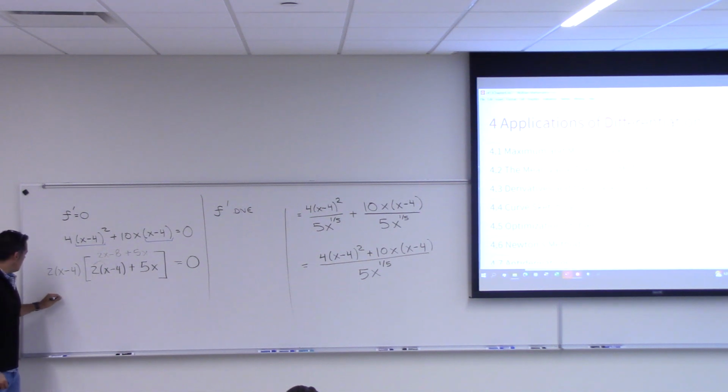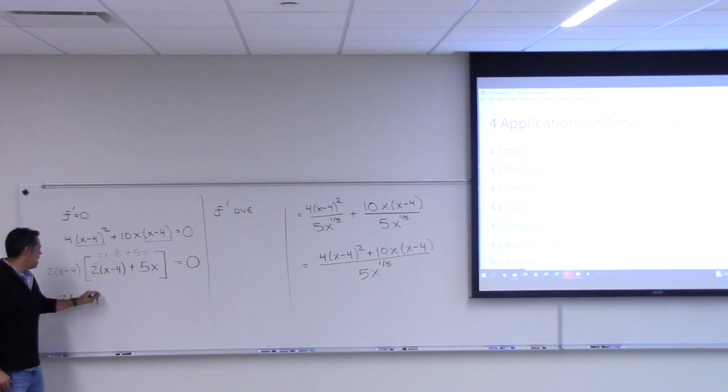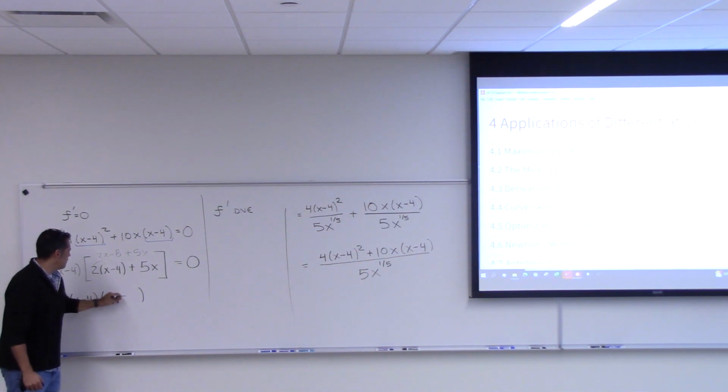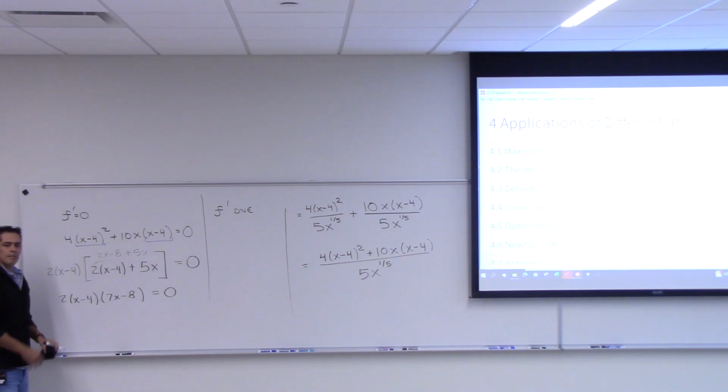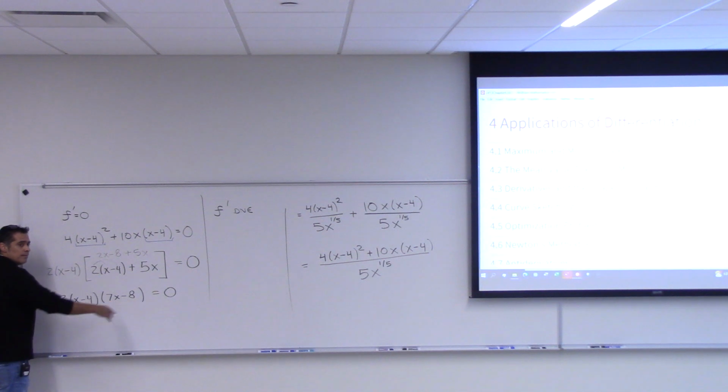So we get 2x, 2 times x minus 4. And then this right here, I'm not going to use a bracket anymore. I'm just going to use parentheses. Would be 7x minus 8. All of that has to equal 0, right? So now that you have it completely factored, you can set each factor equal to 0.